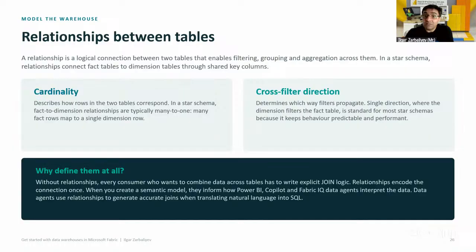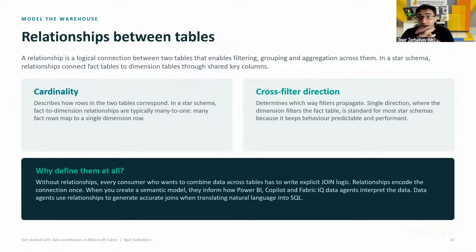And again, the AI angle. When you create a semantic model from the warehouse, these relationships inform how Power BI, Copilot, and Fabric IQ data agents interpret the data. Data agents use relationships to generate accurate joins when translating natural language questions into SQL.